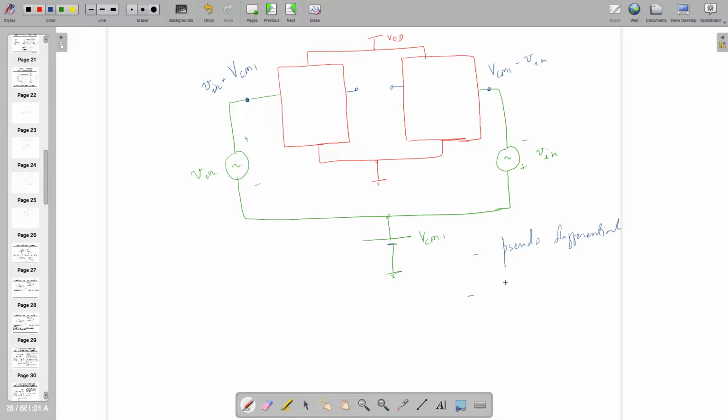Whereas in the case of the fully differential or differential, where there are two outputs and two inputs, they are linked with some wires in between. There must be some connection other than the output. There might be some wires connected, or they are actually dependent on each other. So that is what we need to learn and understand.